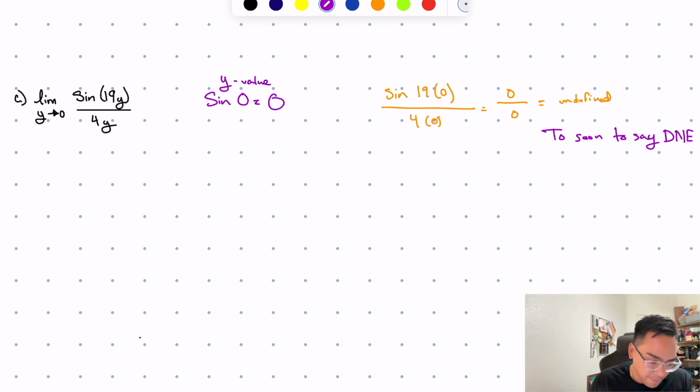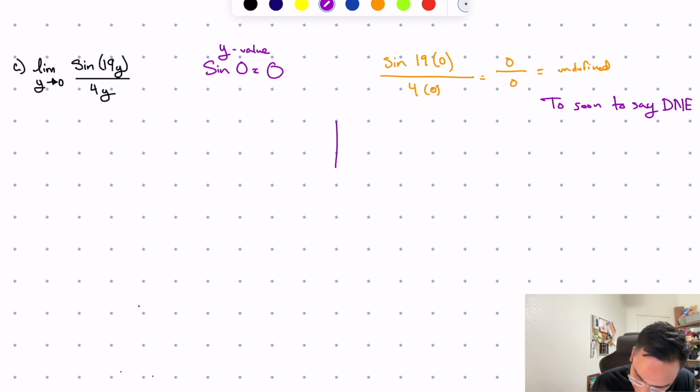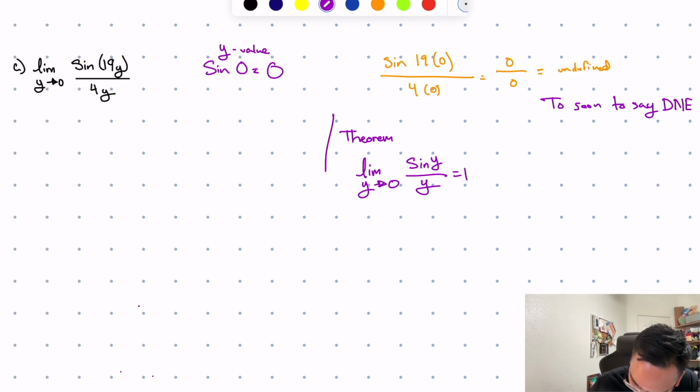So there is a theorem we have to learn in calculus. It's a very different theorem. What that theorem says is that the limit as y approaches 0 of sine of y over y is just equal to 1.